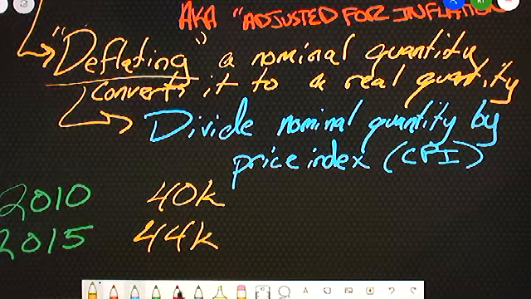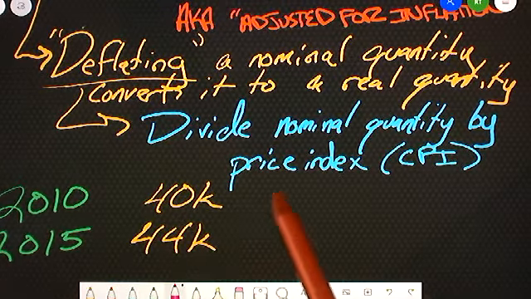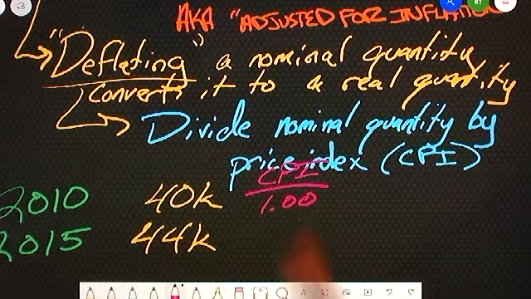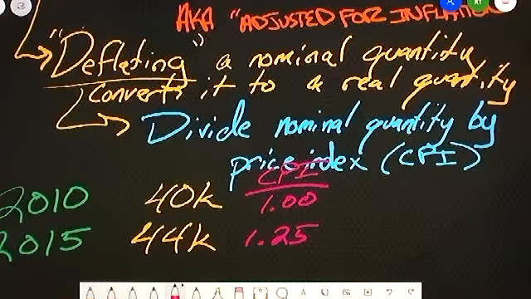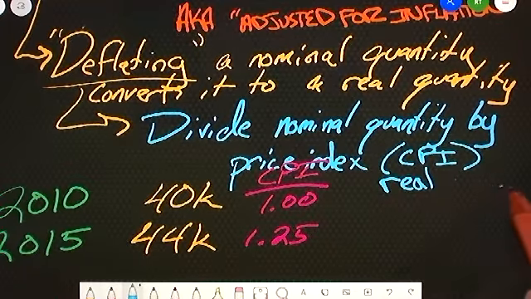Well, is it? Because when we take a look at the CPI, in 2010 it was 1.00, and the CPI in 2015 was 1.25. So how would we calculate that real income?